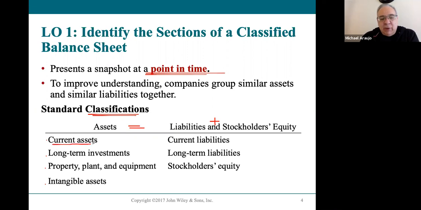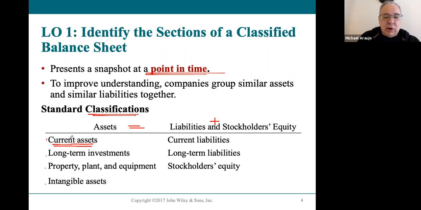Every company that you will see has something called current assets. The word current simply means these are assets that are going to be turned into cash very quickly, or they will be used up very quickly. And what we mean by very quickly is within a year. Usually it's one operating cycle, but we'll just go with the year.